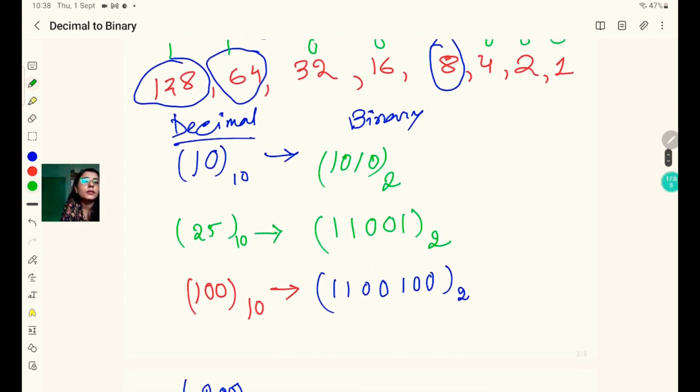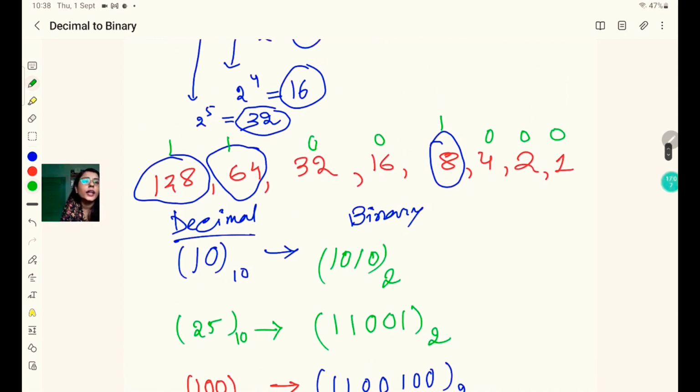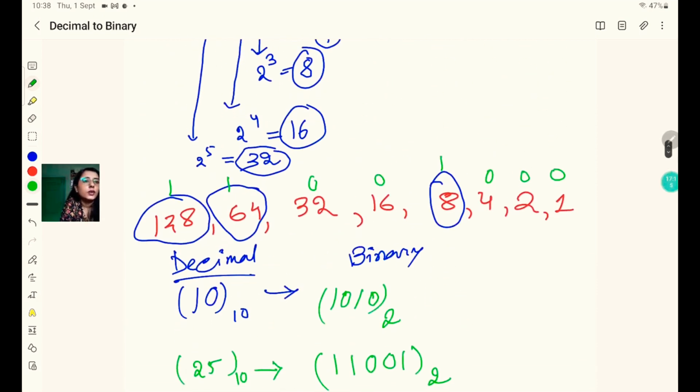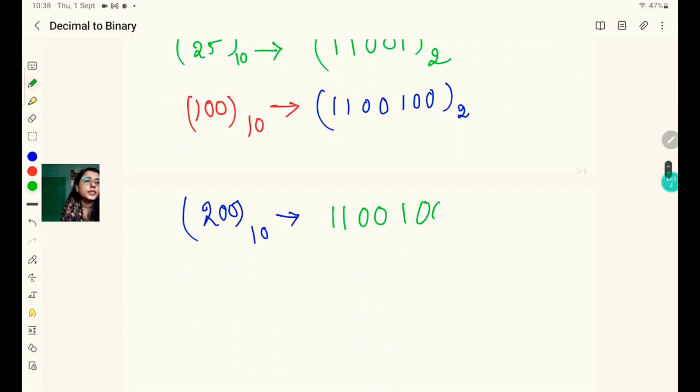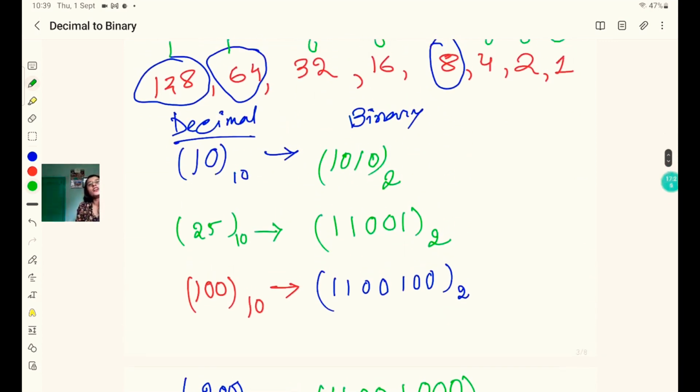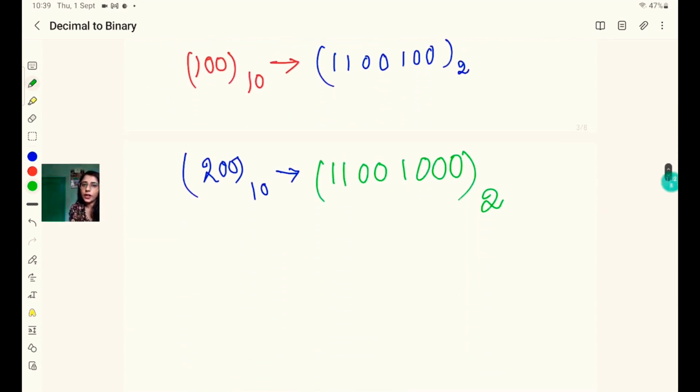So what is the number? 11001000 base 2. Isn't it quite easy? So this way we can convert any kind of decimal number to a binary one.